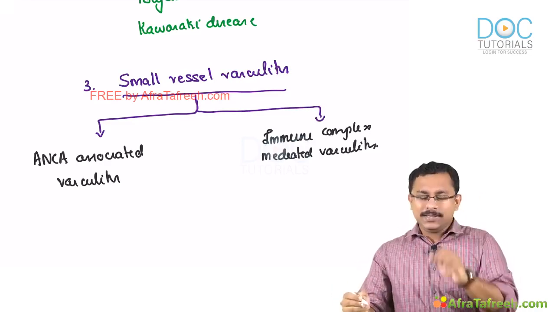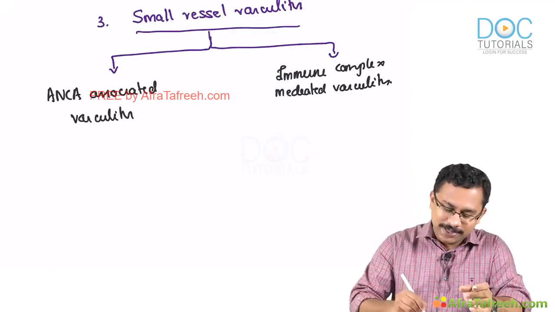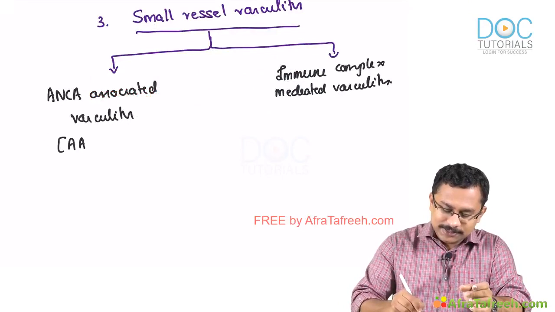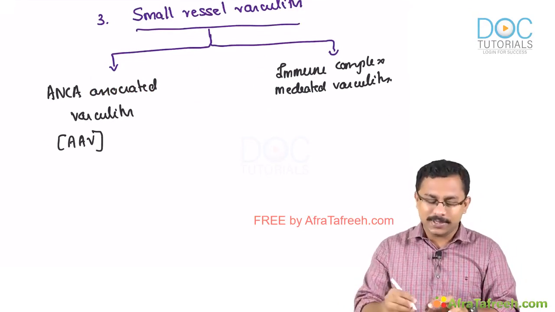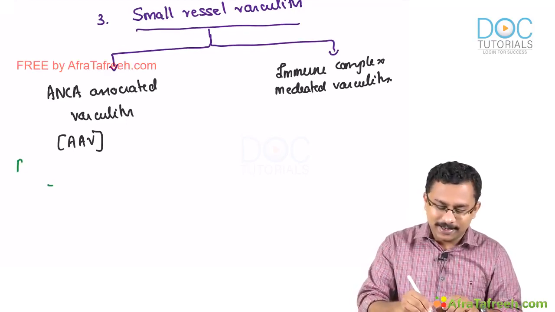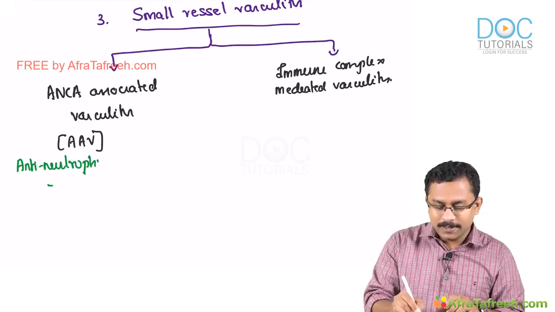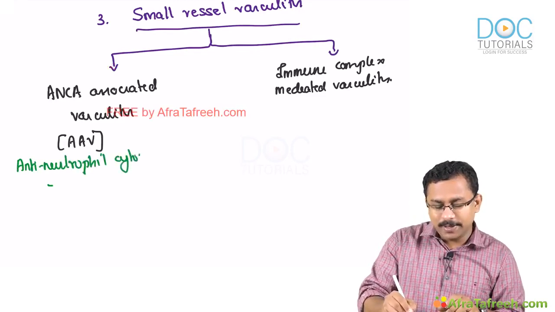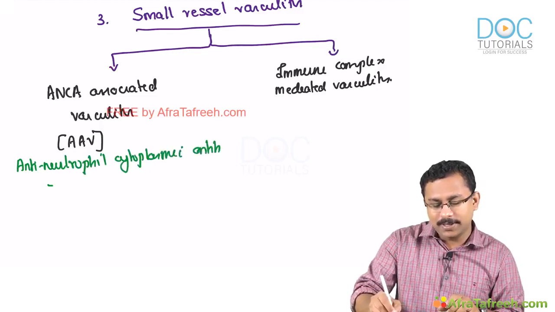Okay. So in the ANCA associated vasculitis, which you can call the AAV, there were the following diseases which were included in the ANCA associated vasculitis. So ANCA stands for what? It is the anti-neutrophil cytoplasmic antibody.